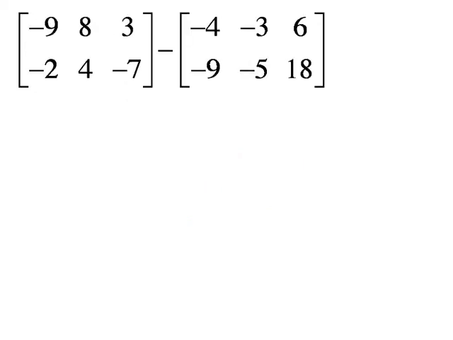All right, now this is where the operation is not tough, but what we need to do is switch all the signs. So I'm going to change this to addition, and then I'm going to change each of these signs and make it a lot easier problem.